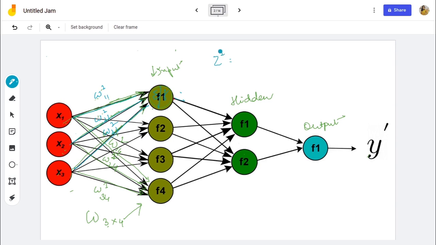Z superscript 1 because of the first layer and the first node, so subscript 1, is W11 superscript 1 into X1 plus W21 superscript 1 into X2 plus W31 again superscript 1 into X3.